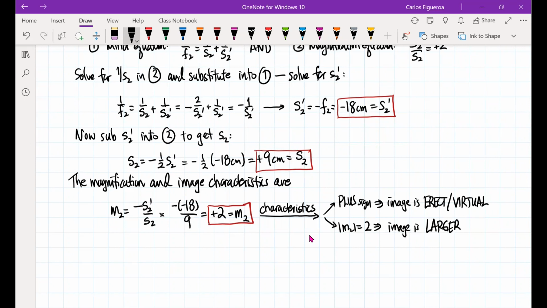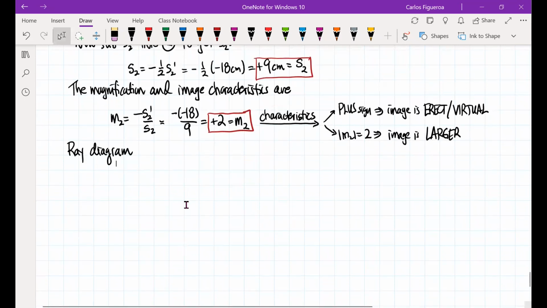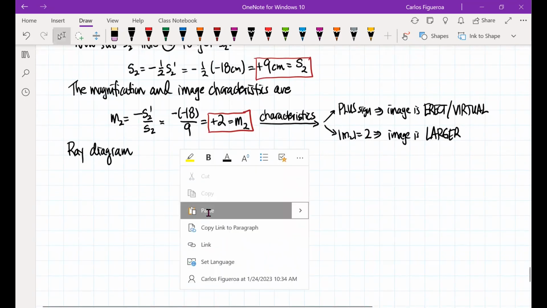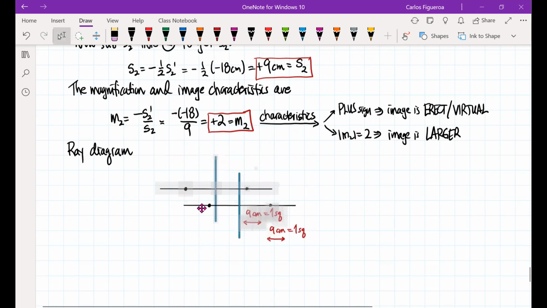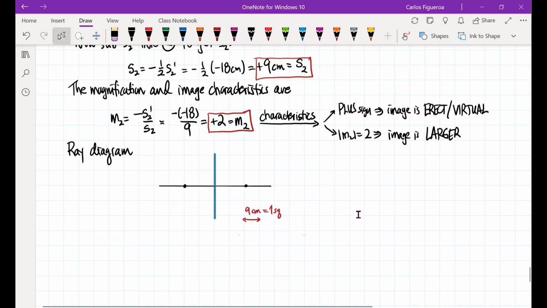So now that I got all the characteristics, I'm going to draw the ray diagram. So let's look at that. So here's my ray diagram. I've already set up a couple of things. What you're seeing here is that I set each square to 9 centimeters.